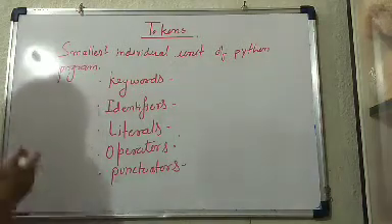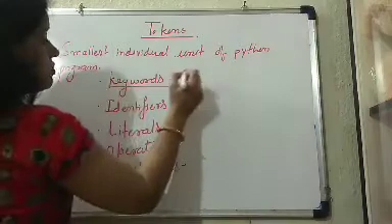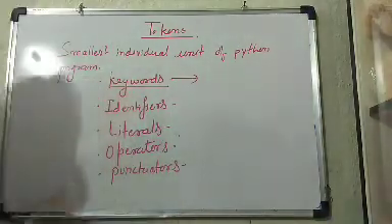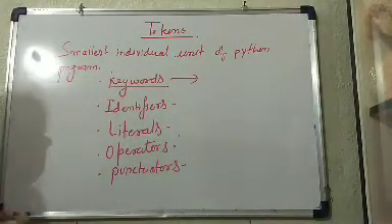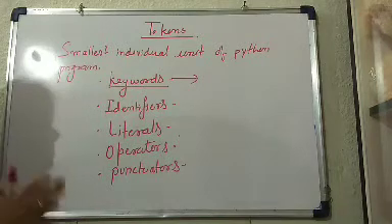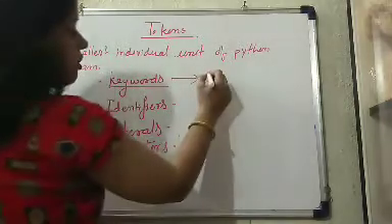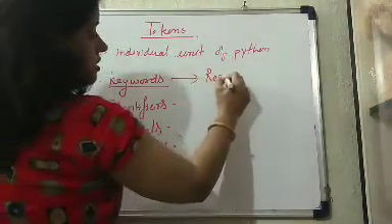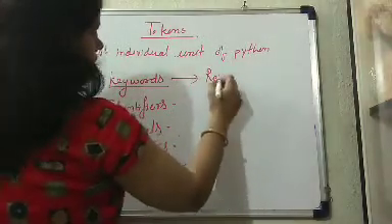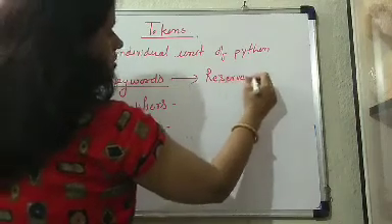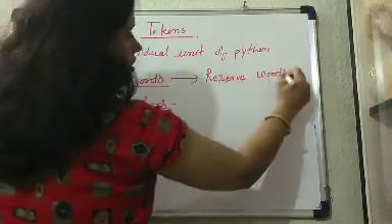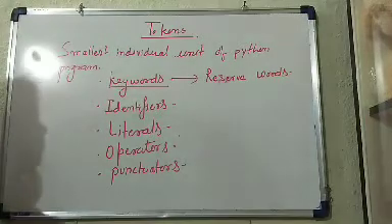Clear? So now let us start with the keywords. What are these keywords? Keywords are those words in the language which have a special meaning defined in that language. They are also called reserved words.